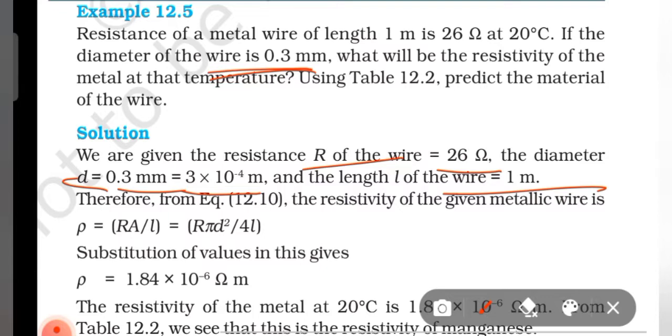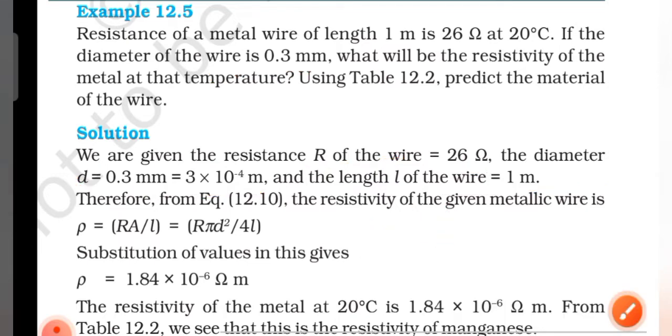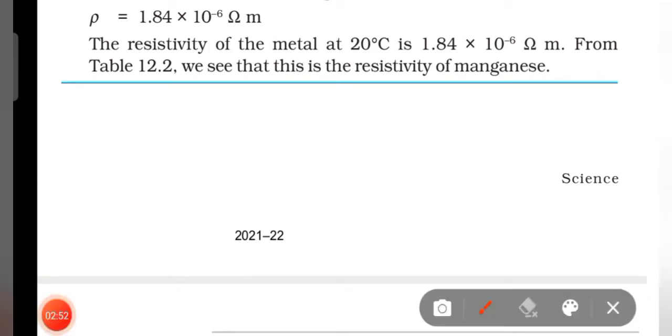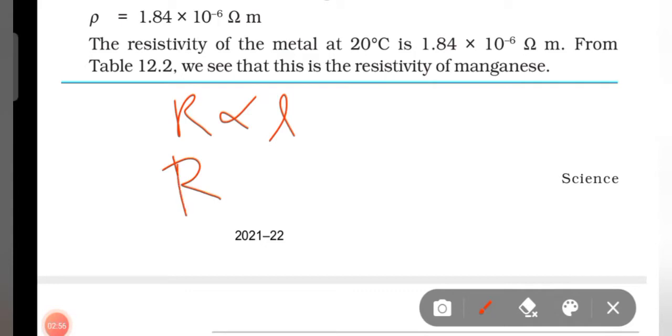the resistivity of the given metallic wire is rho equals RA upon L. Just now I've told you the formula. R was directly proportional to L, then R was inversely proportional to its cross sectional area.